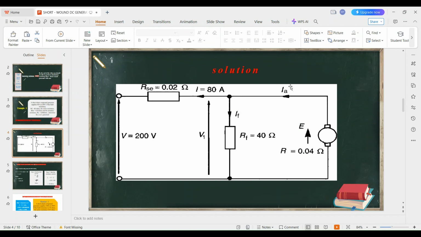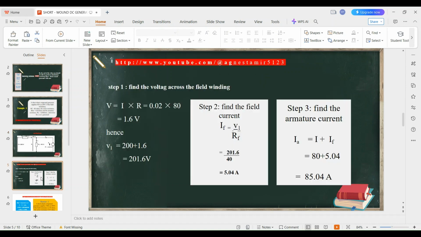Kirchhoff's law says that the current entering a junction is equal to the sum of the currents leaving the junction. In our case, IA is the current going into the junction, and IF and I are going away from the junction. Therefore, IA will be equal to the sum of I plus IF. We already have I and we have calculated IF.